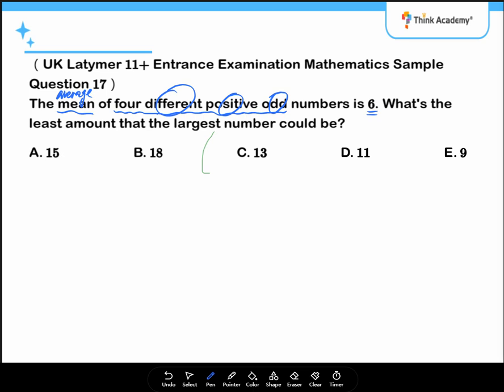The question only tells us that the mean of all those 4 different positive odd numbers is 6. By knowing this, can we work out what's the sum of them? Think about it. What does average mean? How can we get average? What do we need?